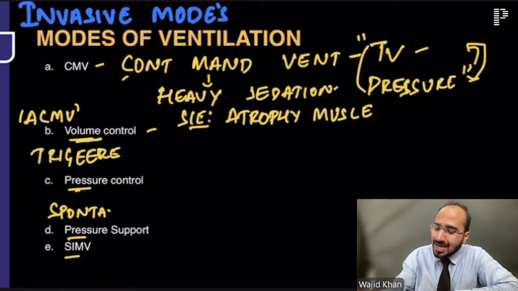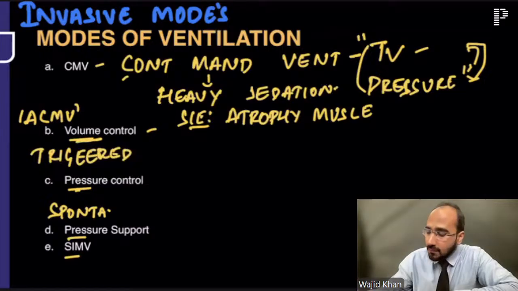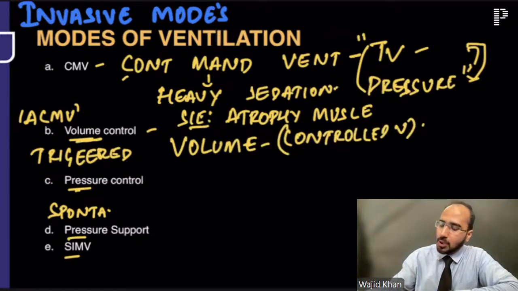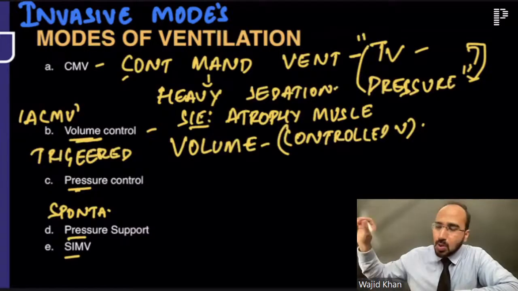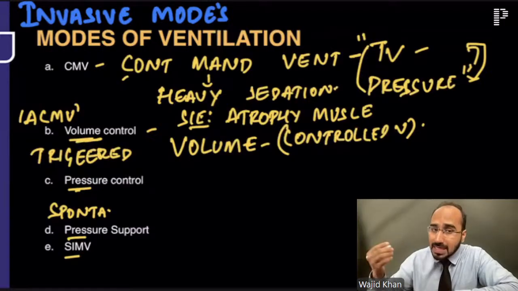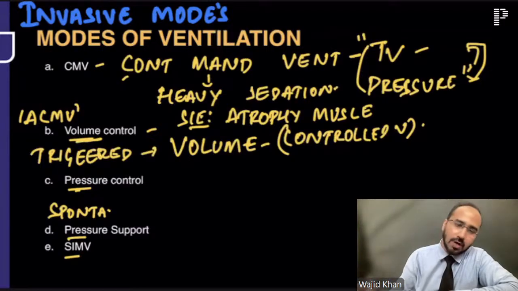Why are you calling it volume control? Because the controlled variable over here is volume. You are giving the tidal volume. The ventilator is just generating the pressure and giving it to the patient. But patient triggered breathing is allowed in volume control.